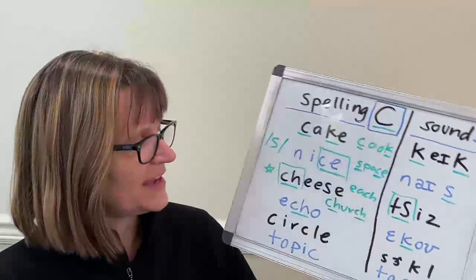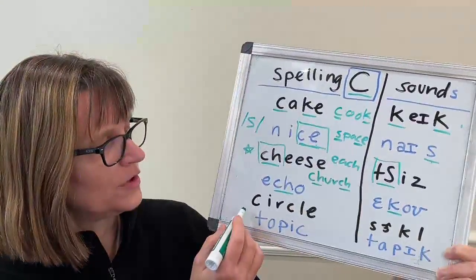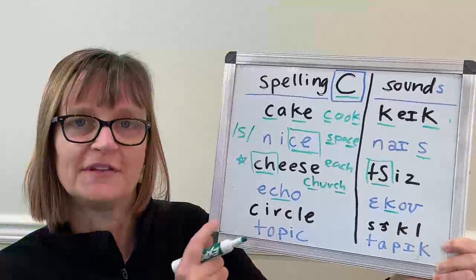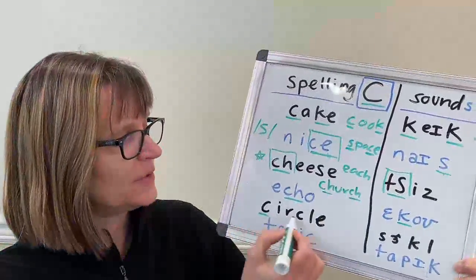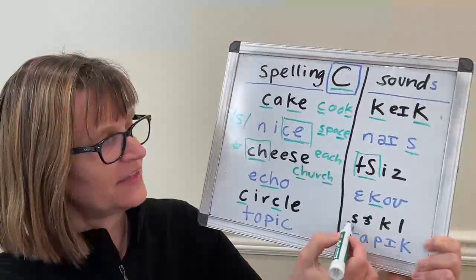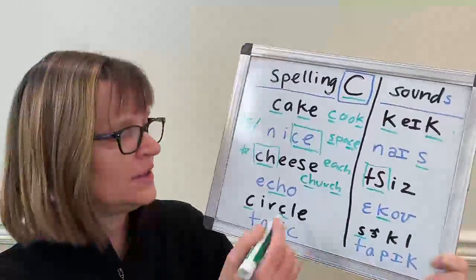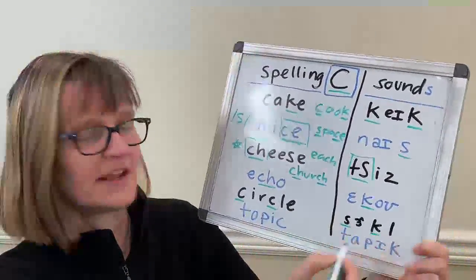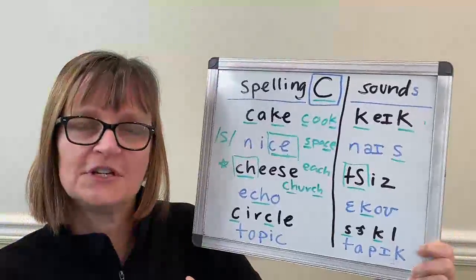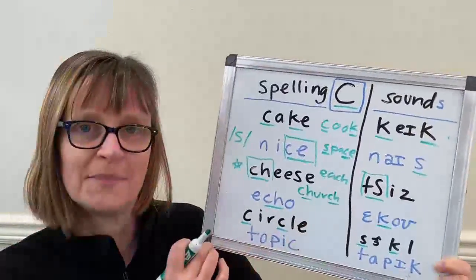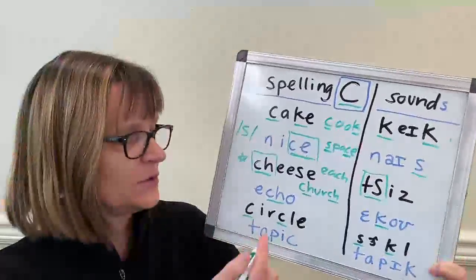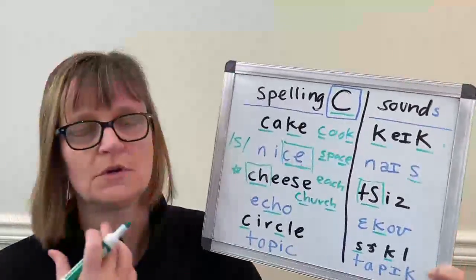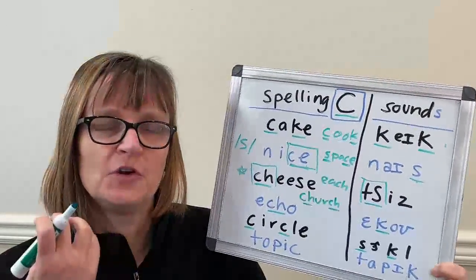Another example, a word that can be helpful where we have the letter C doing both sounds, is the word circle. We have the first letter C saying the s sound, the second letter C saying the k sound. So it's good to introduce some of these words where we have a mix of the s and the k sounds, especially if it's a word that your student is familiar with how it sounds.